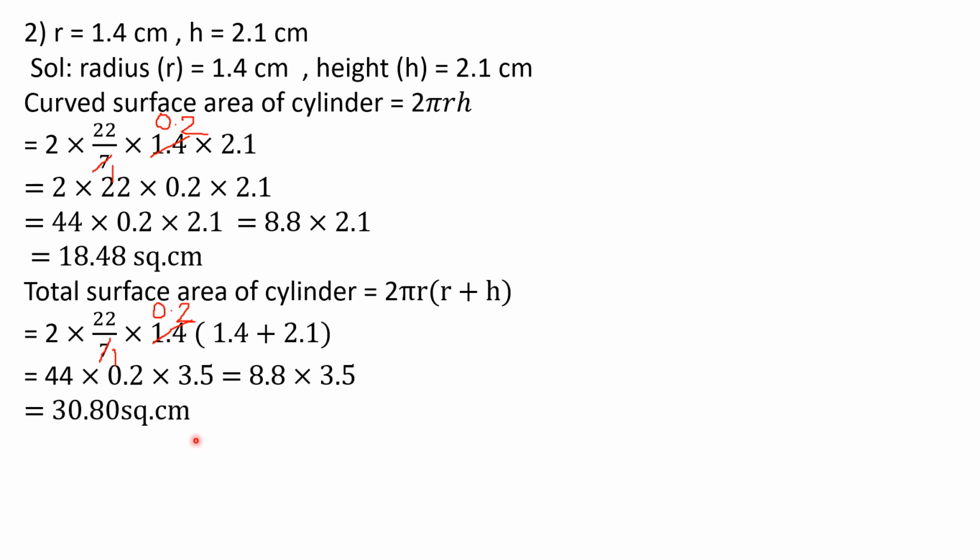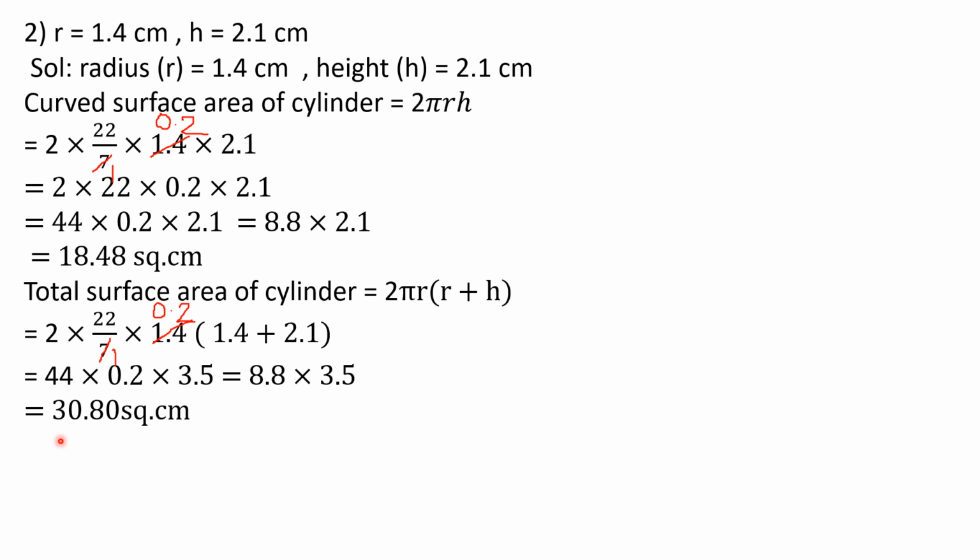30.80, because you can see after decimal here also one digit is there, here also one digit is there. So you will first multiply in your way, that is 88 into 35 as you do multiplication. Then your decimal points are there, so after decimal point in the first, one digit is there, in the second also one digit. So you will place the decimal point after two digits.